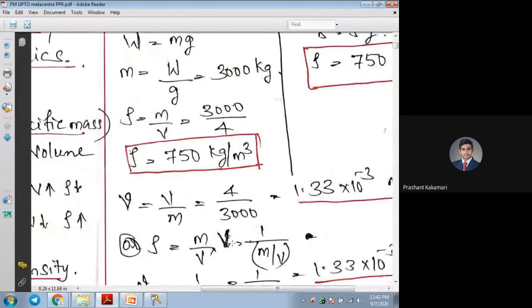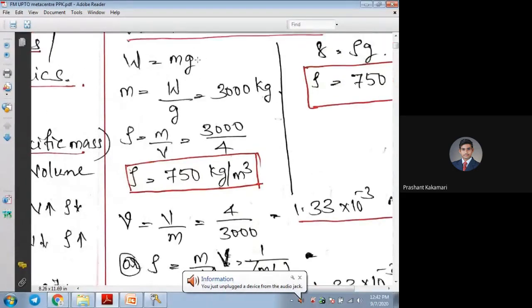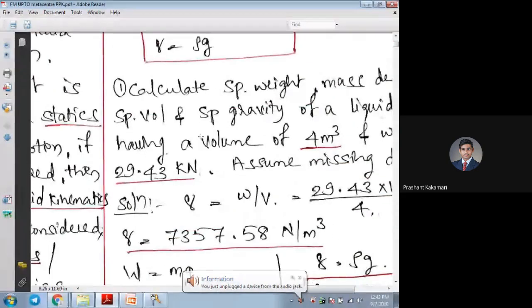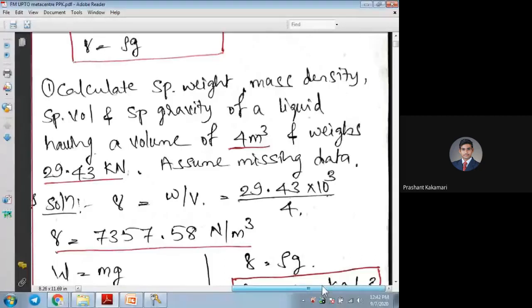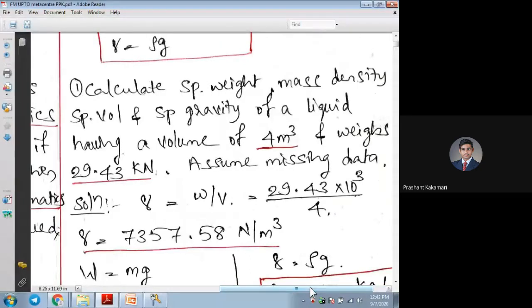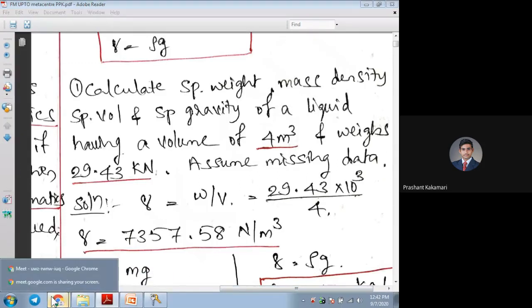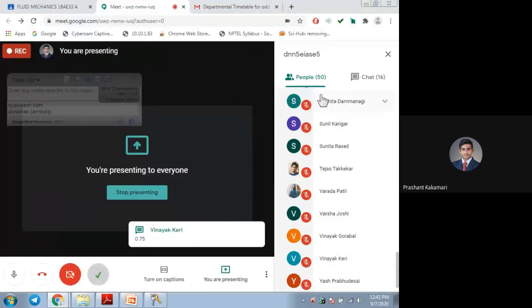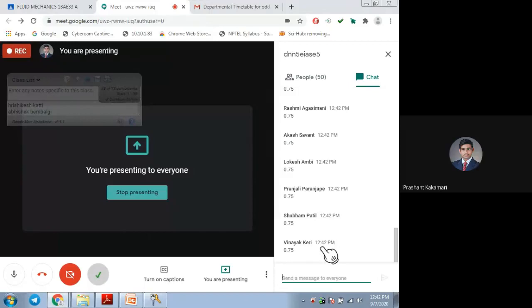Okay, coming back to this problem again. Why I have taken multiple ways of calculation, why I am finding these answers in different ways, is because the problem can be asked in many ways. Sometimes they may ask for the water itself. In that case, can you tell me what may be the specific gravity of water? Reply in the chat box. It will be 1, sir. Yes, very good.